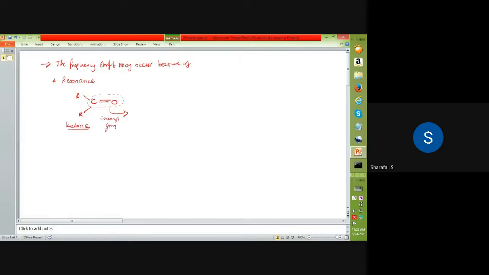The carbonyl group frequency in the normal case is at 1750. And if you consider any other C double bond like this, this double bond has a frequency of 1650. So there is a difference of some 100 centimeter inverse between these two frequencies in your spectra.